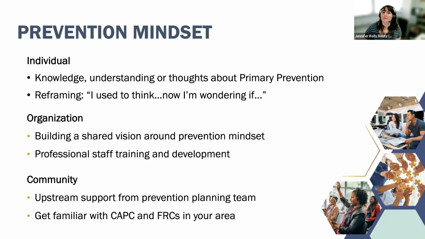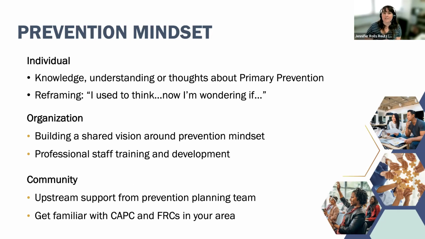So it may be going and watching some of those, sharing those with your staff. So learning more about it. It's reframing. I used to think, my families were this, but now I'm wondering if it's this. So it's thinking about that different mindset and thinking more about the reasons behind the behaviors that we're seeing, for example, shifting upstream to get at how people ended up where they are.